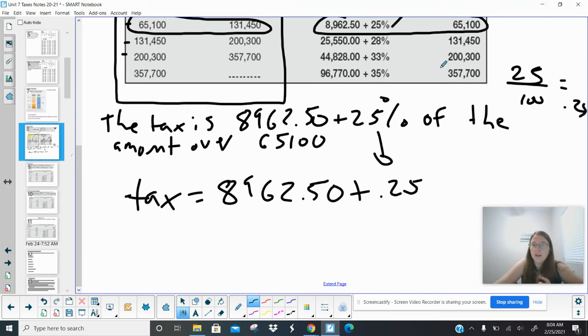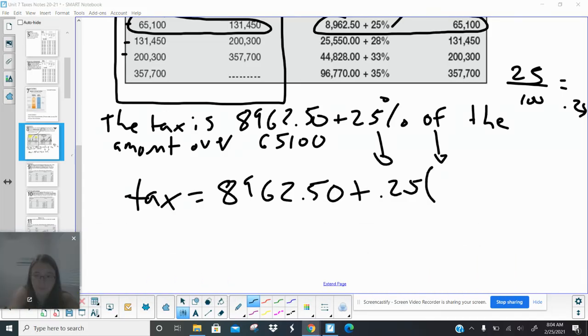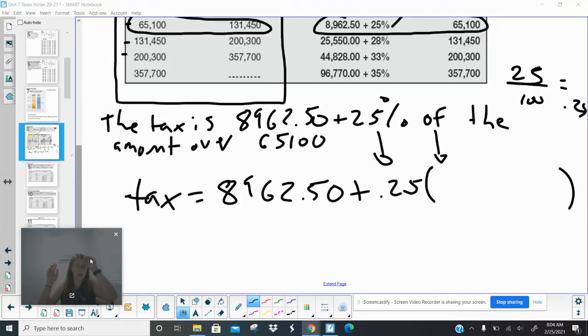Let's keep going. What does "of" tell us to do? Multiply. Now, there's a reason here that I'm going to put this in parentheses. This is multiplying, right? 0.25 up against a parentheses does mean to multiply. But the reason is I need 25% of the amount over 65,100.